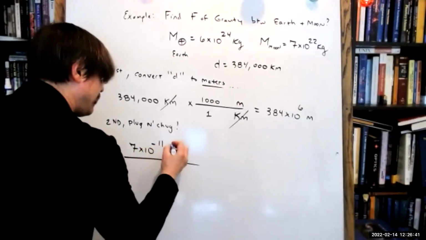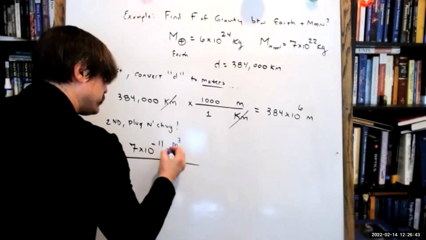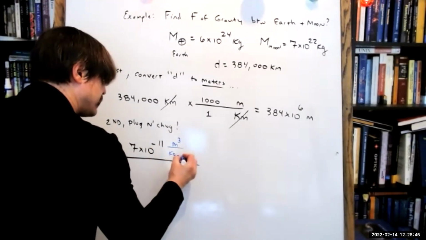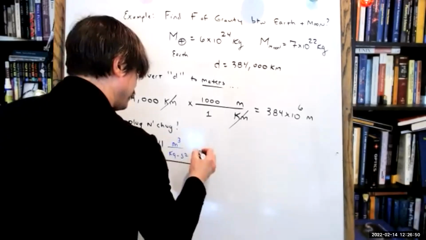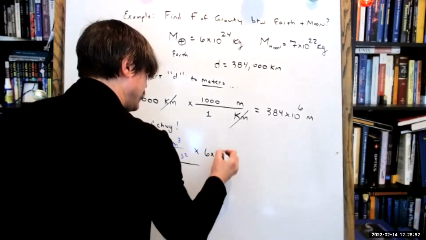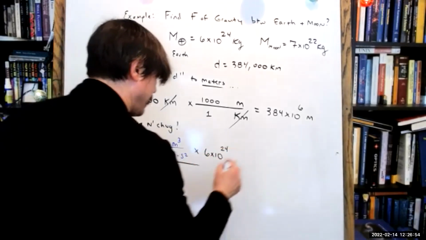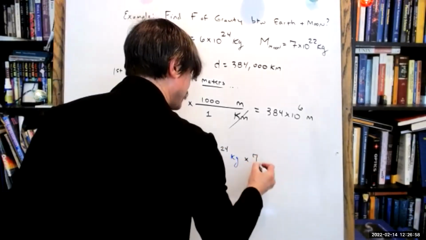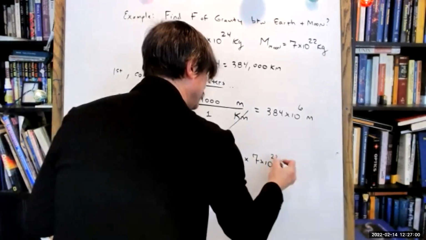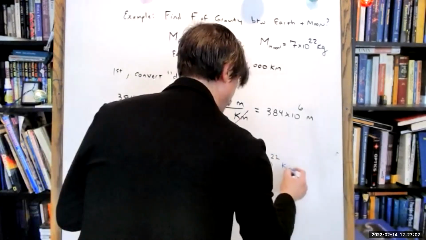Big G is 7 times 10 to the minus 11 meters cubed per kilogram per second squared. We're going to multiply that by the mass of Earth, 6 times 10 to the 24 kilograms, and by the mass of the moon, 7 times 10 to the 22 kilograms.